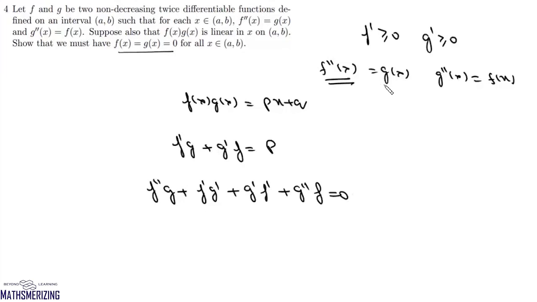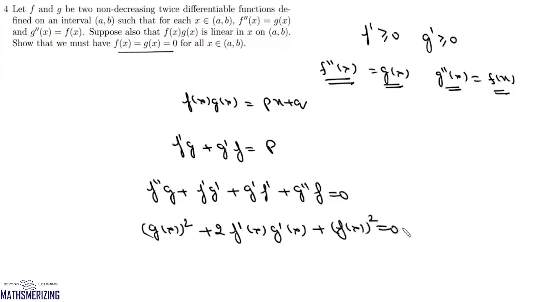Now f double dash x is g(x) and g double dash x is f(x). So we can write g(x) whole square plus 2 f dash x into g dash x plus f(x) whole square equal to 0.